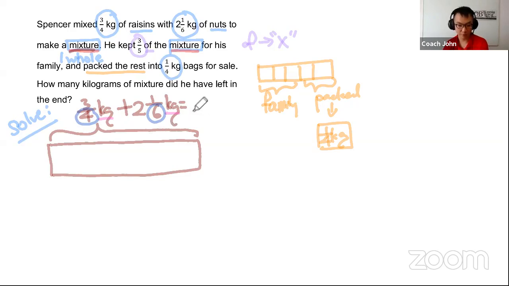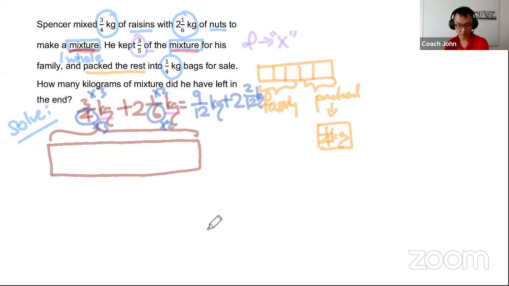So you have 3 times 3, 4 times 3. Then 2 whole and 1/6, times 2 and times 2 to have a denominator of 12. So I have 9/12 kg plus 2 whole and 2 over 12 kg.